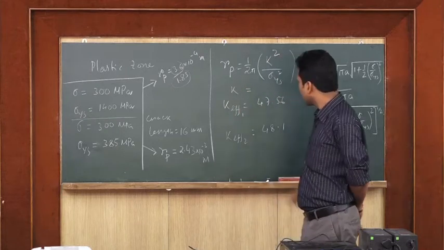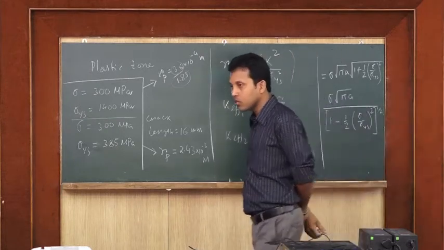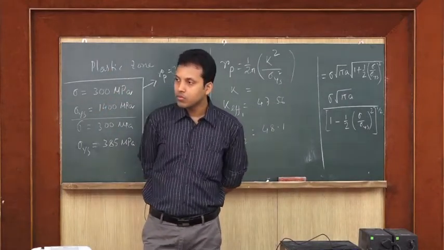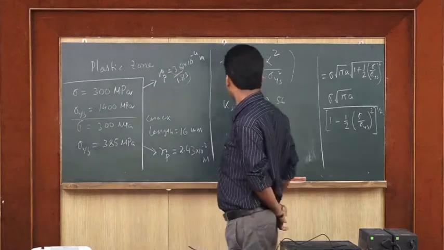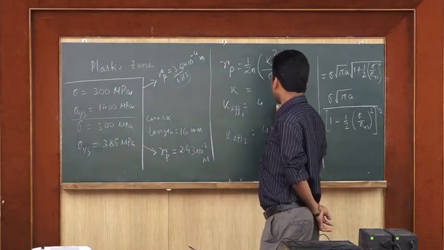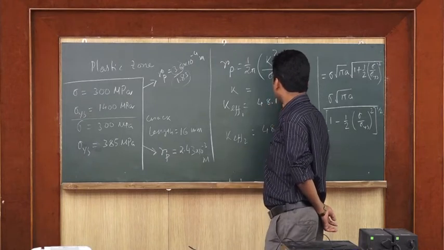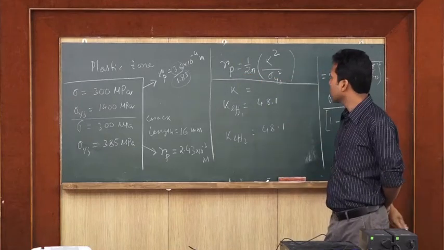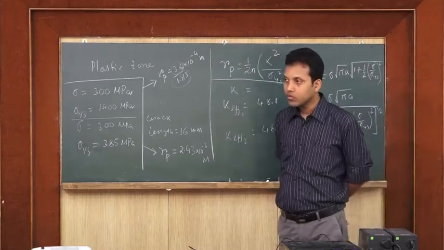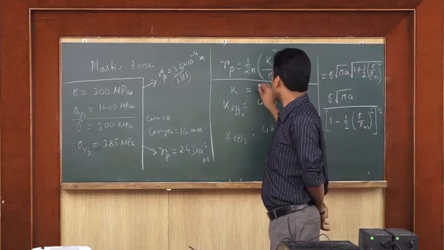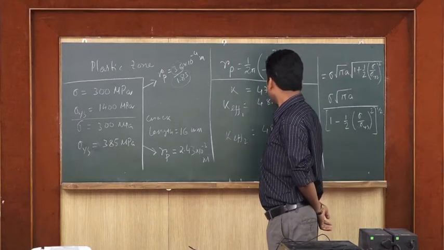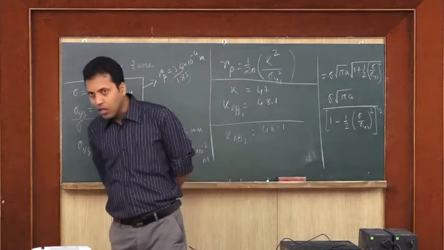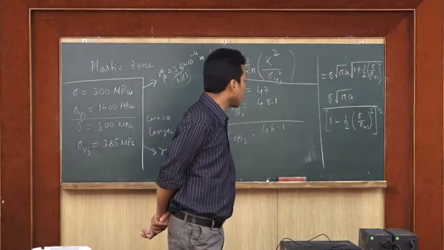Have you calculated that? For the first case, the value of K is around 47 point something, and the K effective is around 48.1.